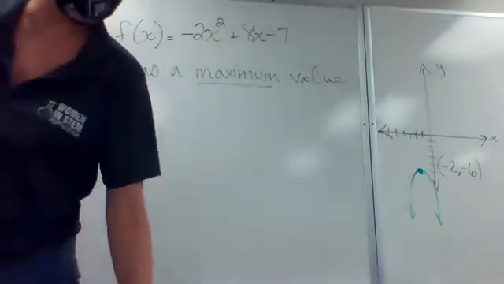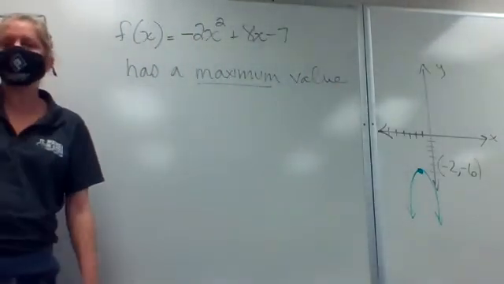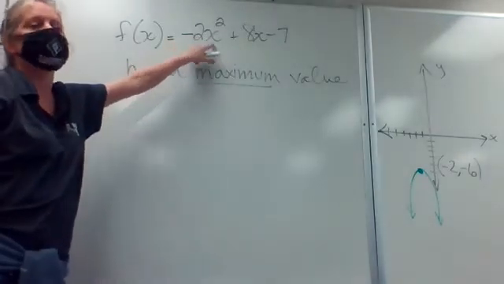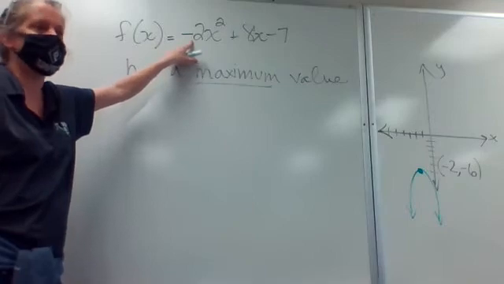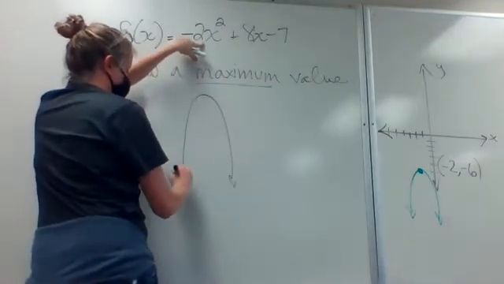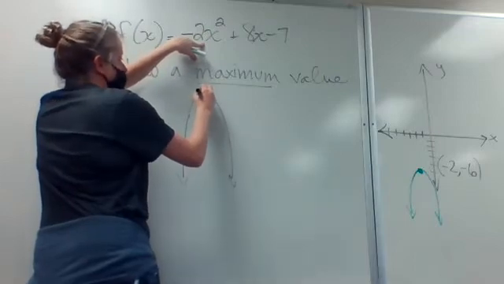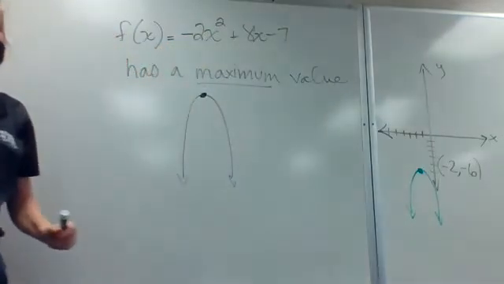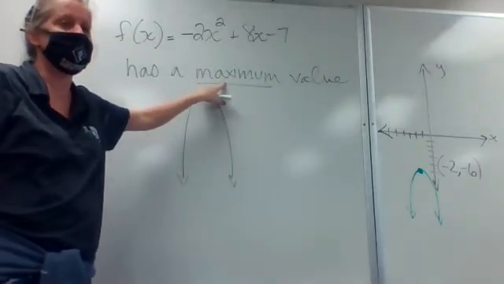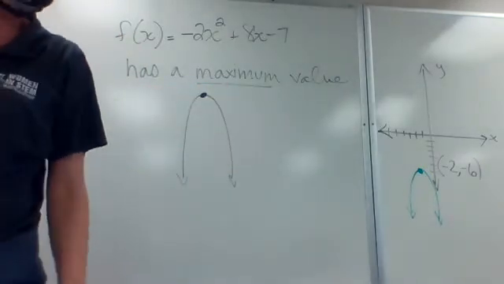So again, all I need to know is whether the vertex is at the top or the bottom of this. What tells me that? The number in front of x squared. How is this going to open? It's going to open downward, which means its vertex is at the top, or it has a maximum value. So that one's true, right?